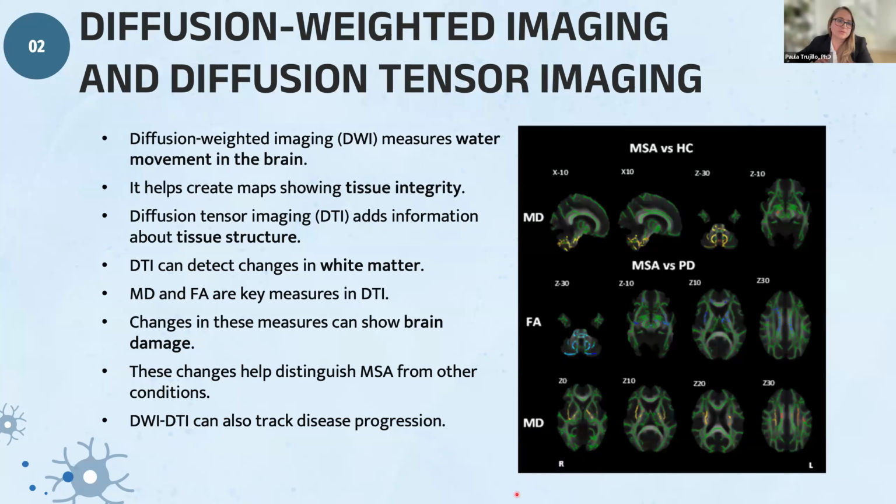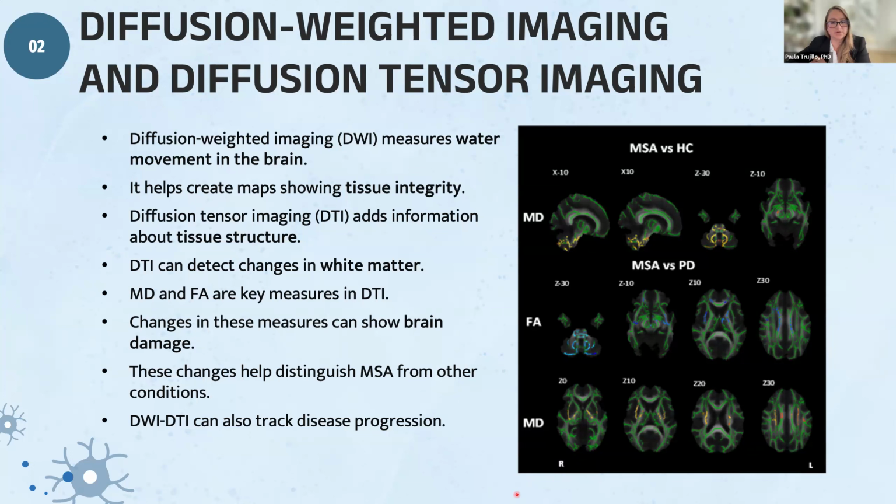And now I'm gonna move to diffusion-weighted imaging. This is a technique that examines how water molecules move within brain tissues. In MSA, it can reveal alterations in the microstructure of white matter pathways, which are the brain's wiring responsible for transmitting signals.